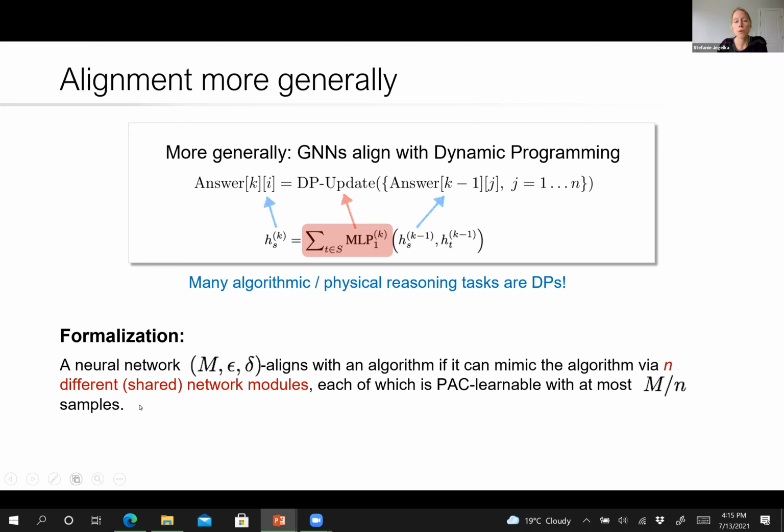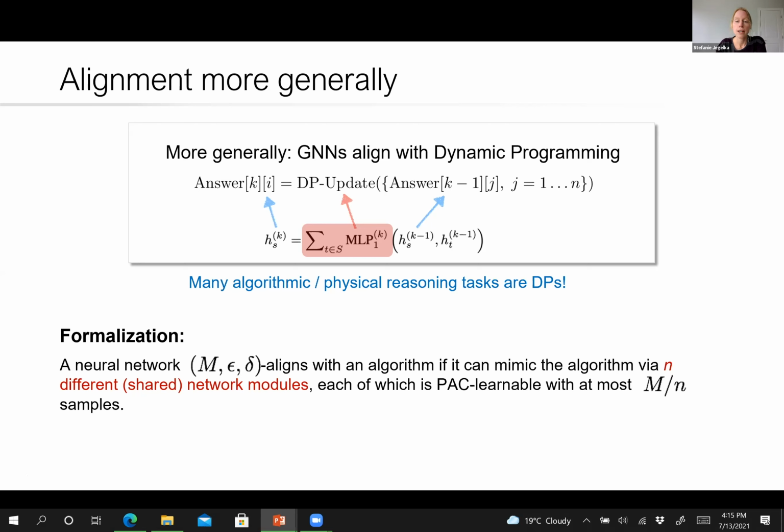If you have shared modules, you count them only once, and how complicated it is to learn the function in each module by itself in a PAC learning framework. So M quantifies how complicated it would be to learn each of these modules individually. And then delta and epsilon mean that with probability 1 minus delta, you get an error smaller than epsilon.